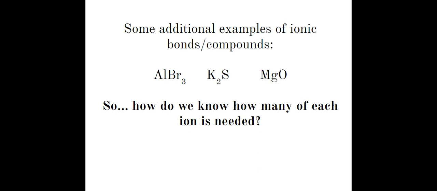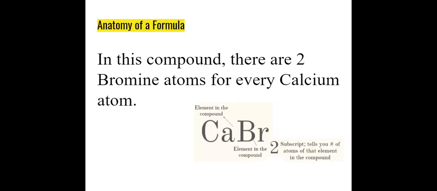Some additional examples of ionic bonds and compounds are aluminum bromide, potassium sulfide, and magnesium oxide, which is what these formulas mean. So the next question is, how do we know how many of each ion we need? We put them into a formula, and each formula has an anatomy.